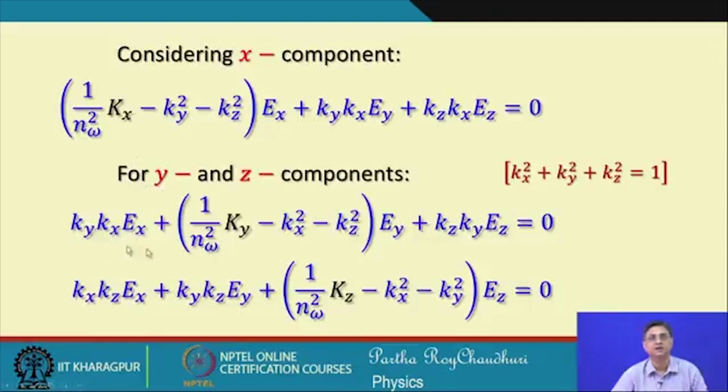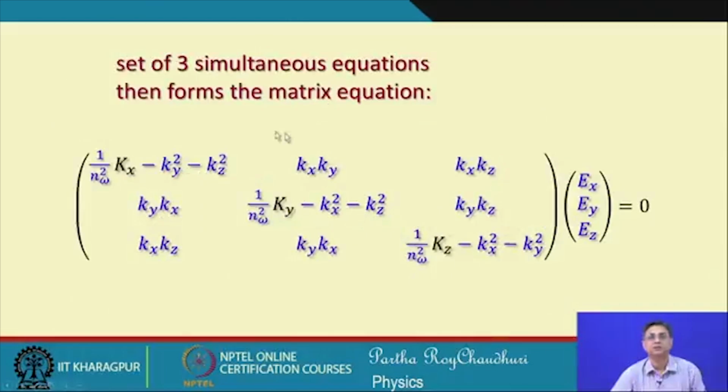You can see that now the similar term has gone into Ey, and in the z component this similar term has gone into Ez. So, you end up with a set of 3 simultaneous equations which can be put together in the form of a matrix equation, and the equation will look like this.